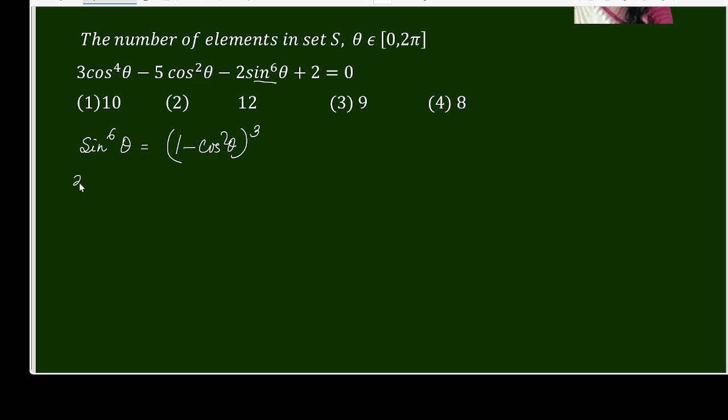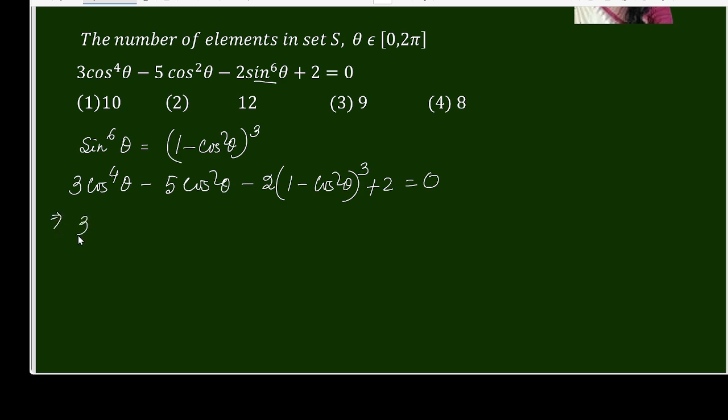So rewriting the question, 3 cos^4 theta minus 5 cos^2 theta minus 2 times (1 minus cos^2 theta) whole power 3 plus 2 equals 0.